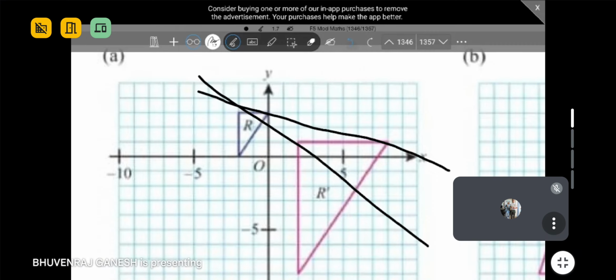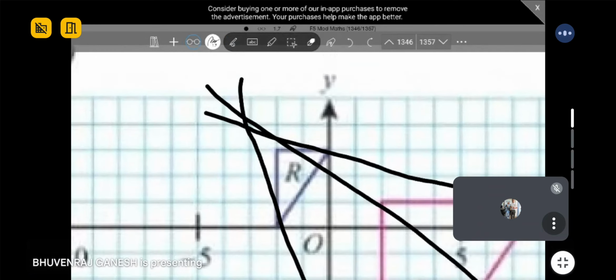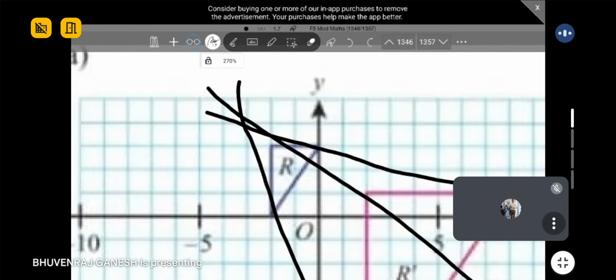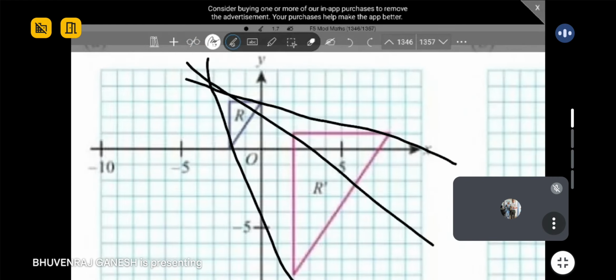Okay, guys. So can you see all these lines? Semua garis ni, dia ada satu titik persilangan serupa. They all have a common intersection. Wait, not so accurate. Wait, let me draw again.